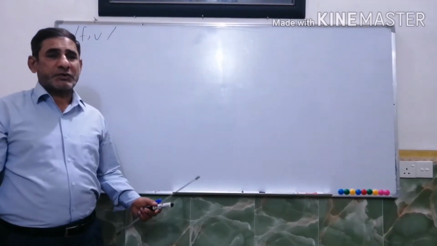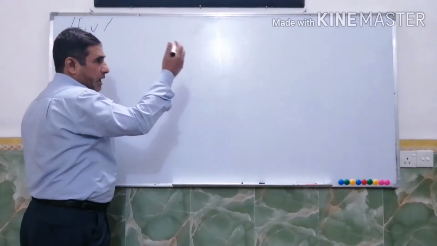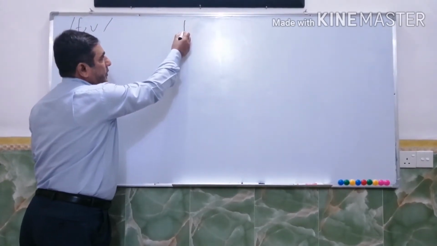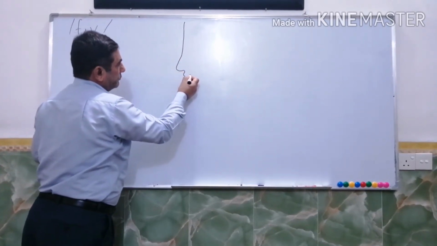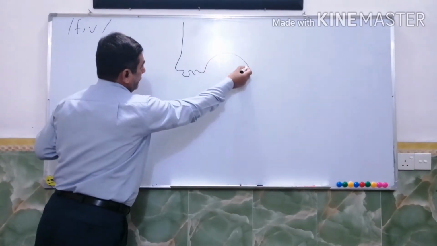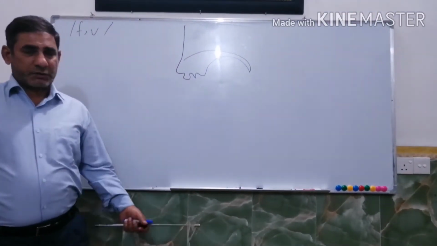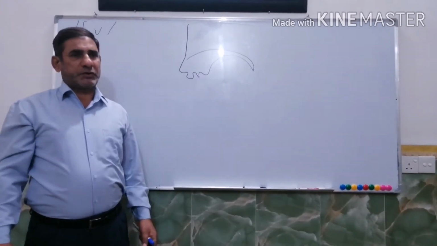So I'm going to start drawing the diagram, which as usual I start by drawing the upper jaw. Now this is the upper jaw. Of course, it gives us no idea about the production of any sound. This is general.